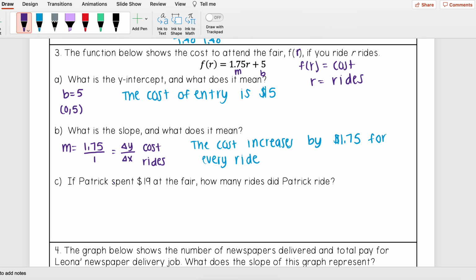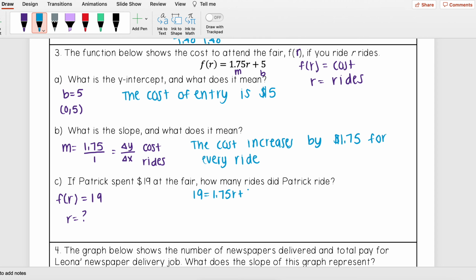Okay, and part C says if Patrick spent $19 at the fair, how many rides did Patrick ride? So here he spent $19, so that was the cost. So that means that f of r is equal to 19. And I want to find what r equals. And so in my equation here, I want to replace f of r with 19.